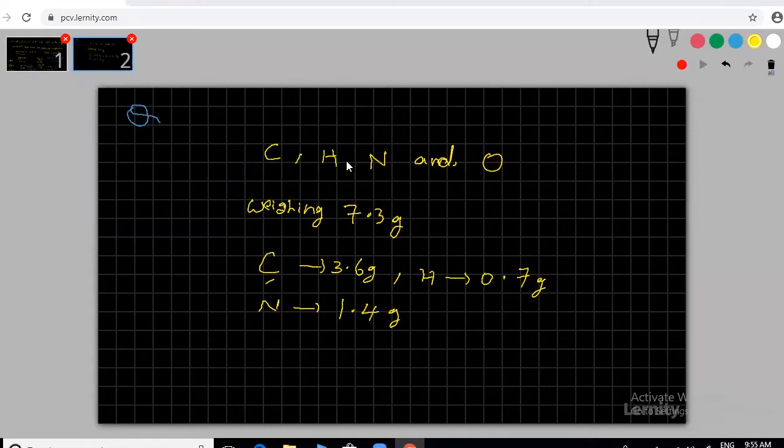If anyone got the answer, you can type it. What is the weight of oxygen? It means you have to take the hydrogen, nitrogen and carbon weight and subtract it from the total weight, that is 7.3 grams. Then you will get the oxygen weight, 1.6 grams.